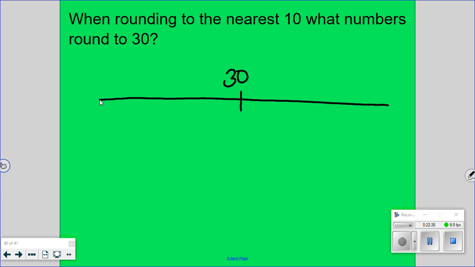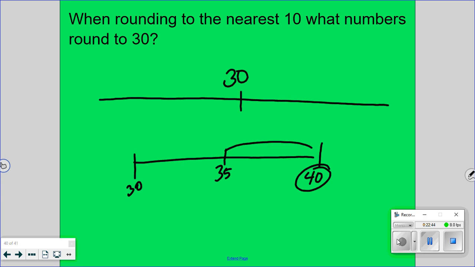I'm going to give you some seconds to see if you can come up with them. So see if you can get them on your number line, and then we'll share. Write them on your number line, and then we'll share. All right, so we just figured out that 35 will not go to 30. It'll go to 40.